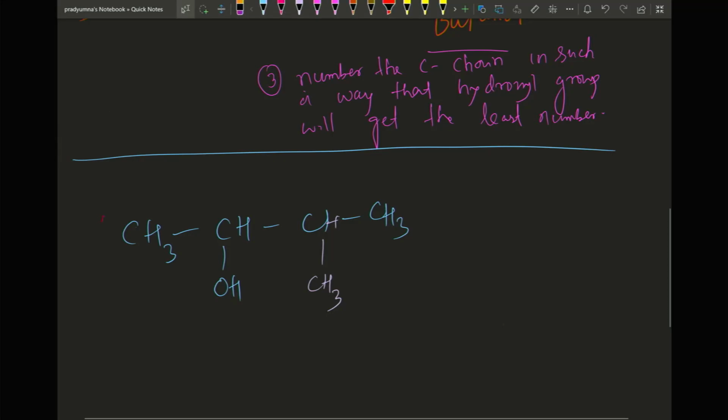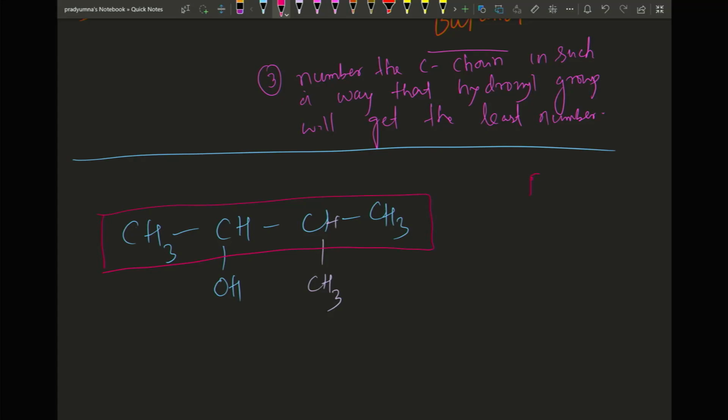Well, the longest chain is going to be 1, 2, 3, 4. I could have drawn this way as well. This is the longest chain as well, but both of them are equal length, so it doesn't really matter which direction you go. So I'm just going to go left to right, that's straightforward. Okay, so we have the longest chain.